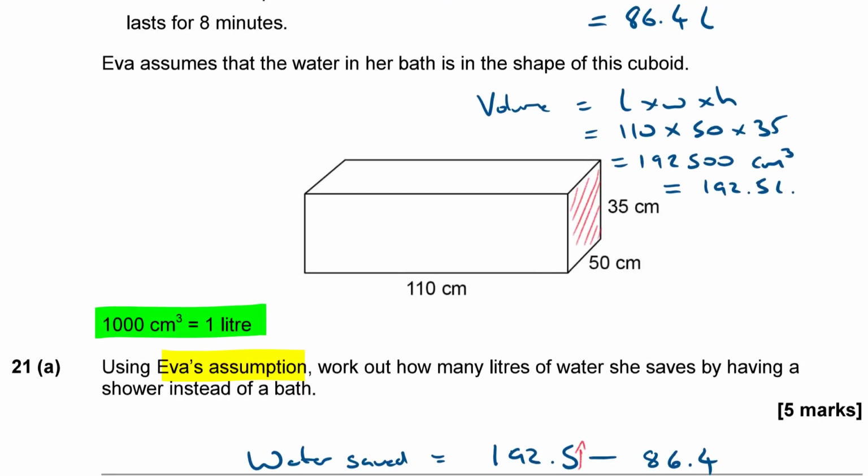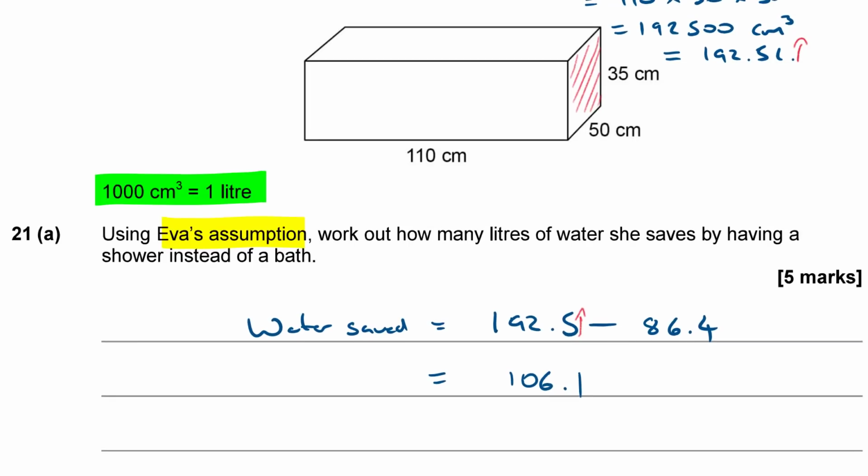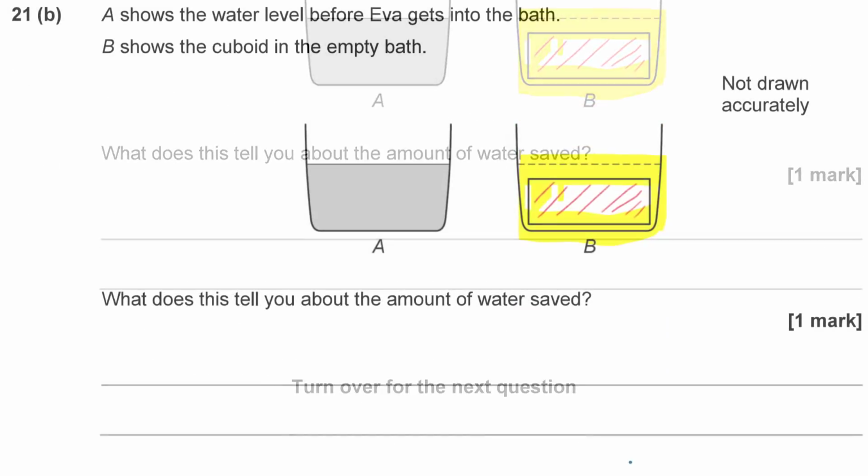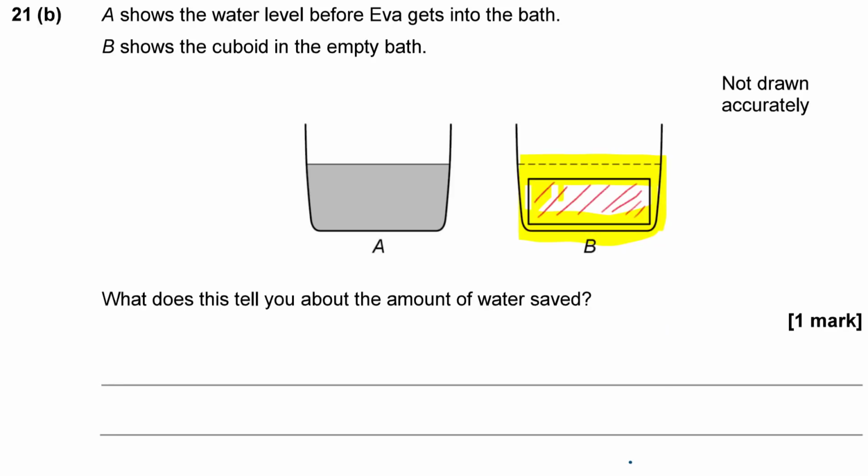Okay, so she's going to save more water. So what does that tell us about the amount of water saved? It tells us that she has underestimated the amount of water saved.